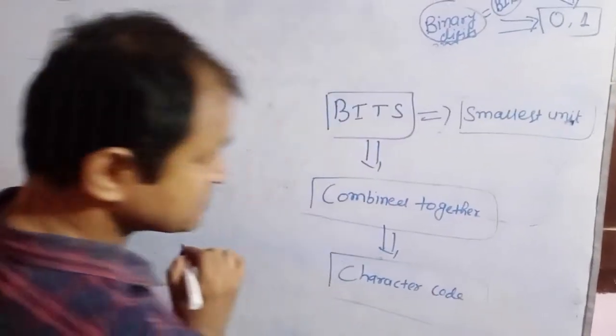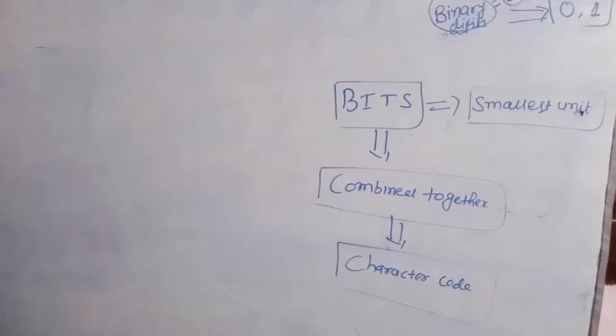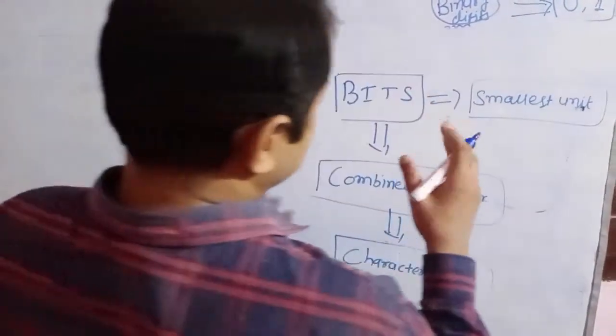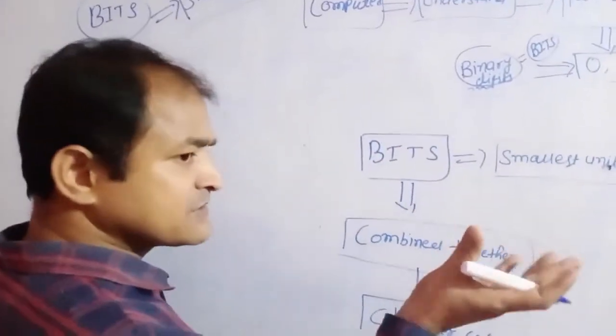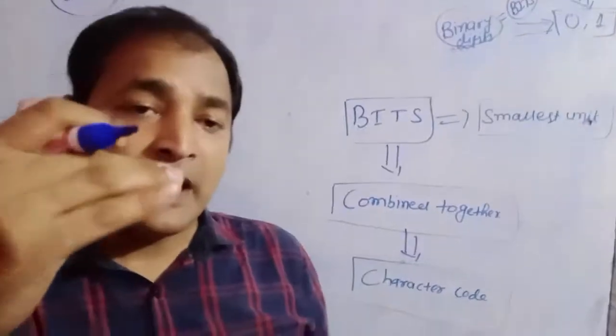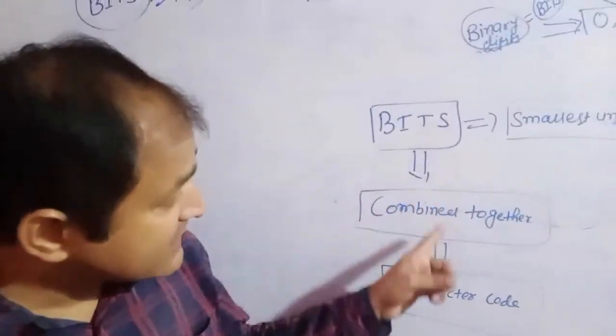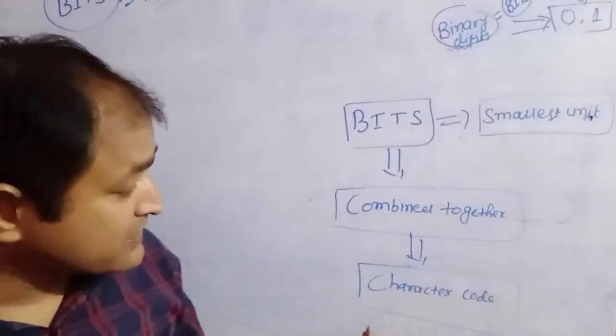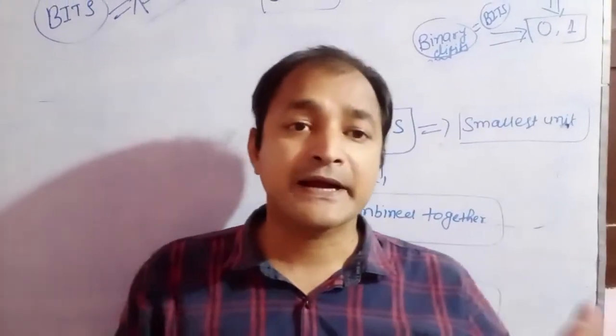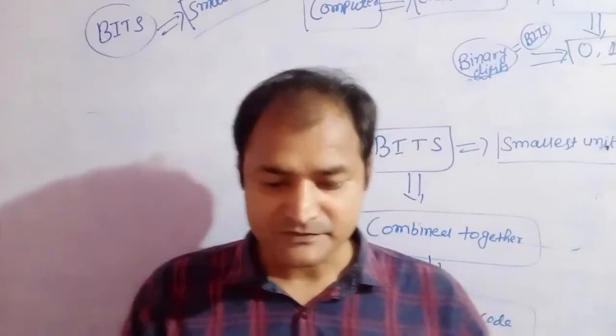I hope every student is clear. Suppose any parent or teacher asks, what is a bit? A bit is the smallest unit in the computer memory. And again, bits are combined together, and this combination is a character code.